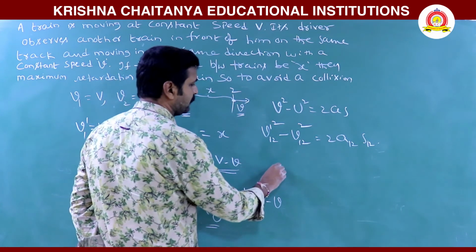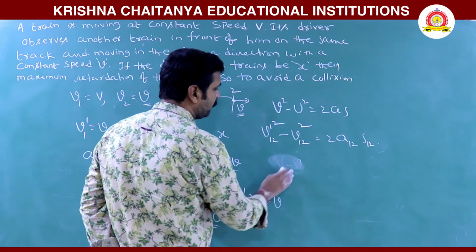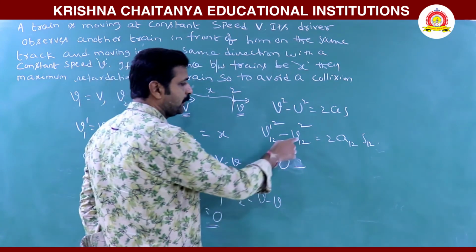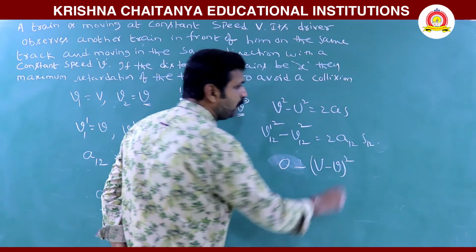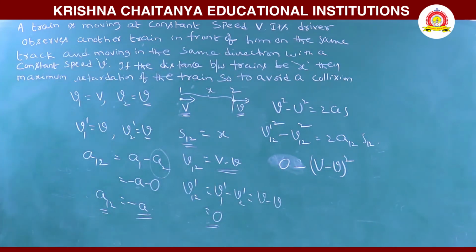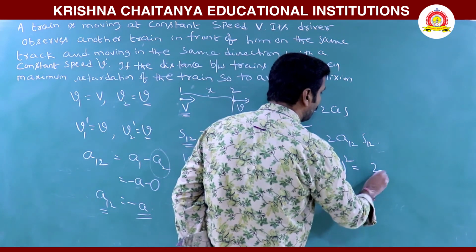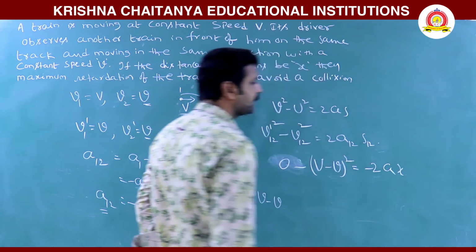Now, the final velocity v12 dash is 0, so 0 minus (V minus small v) whole squared is equal to 2 a12 s12, where s is x.